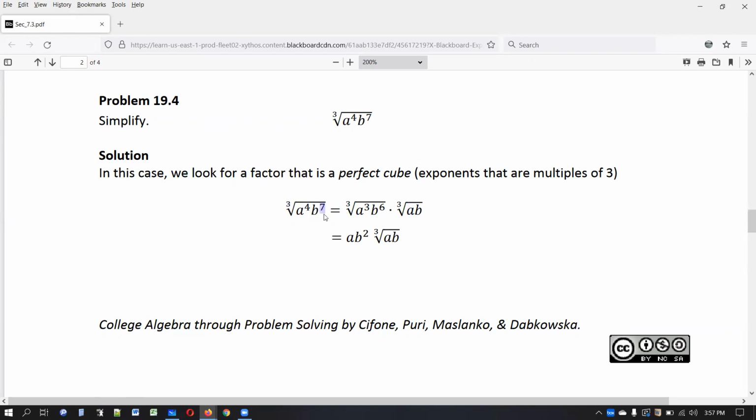Same thing with the 7th. I have to break this into something that is divisible by 3 and a leftover. This is exactly what the authors did over here. So these two get simplified by dividing their respective exponents by the index, and the leftover remains untouched.